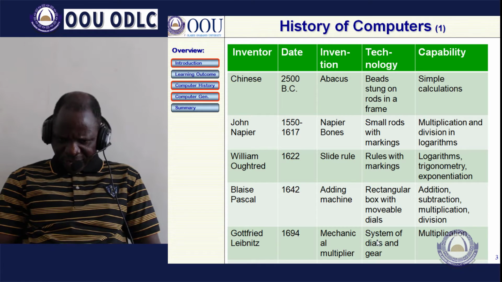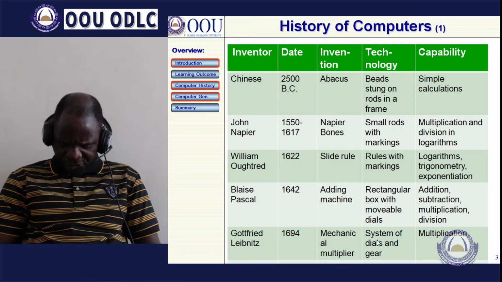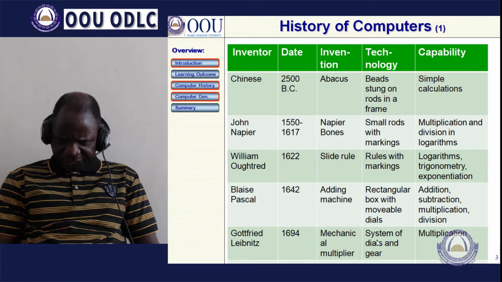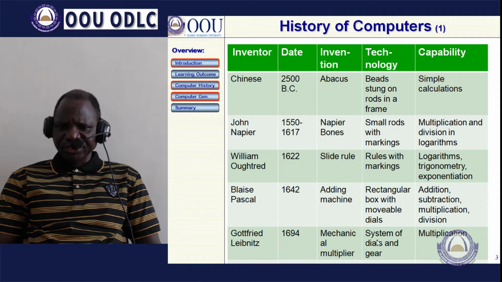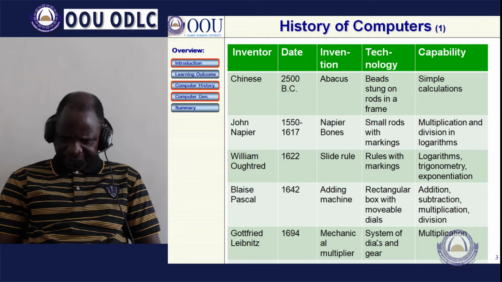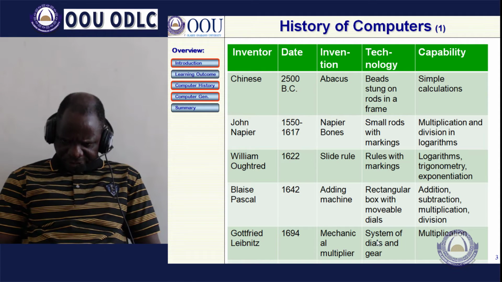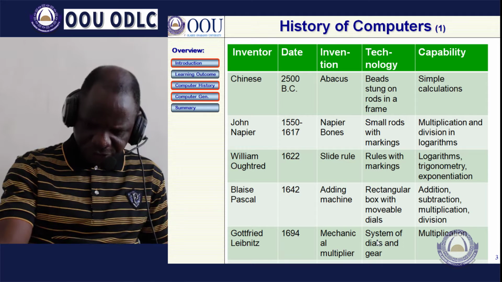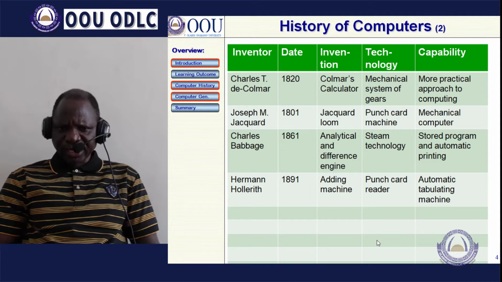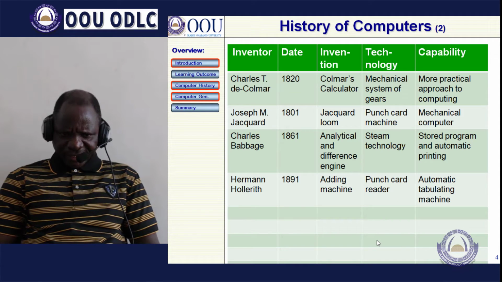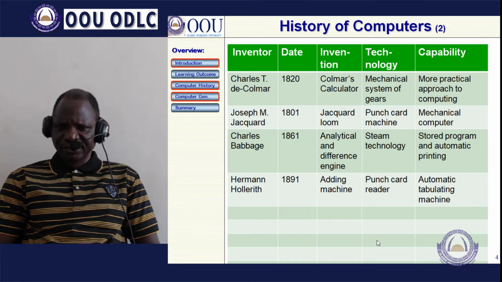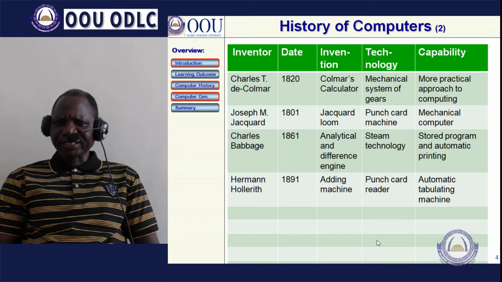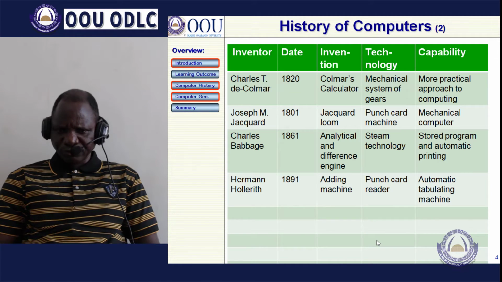The mechanical multiplier was invented by Gottfried Leibniz in 1694, and the technology consists of a system of dials and gears and can perform multiplications. The Coleman's calculator, invented by Charles T. de Coleman in 1822, had mechanical systems of gears and was a more practical approach to computing.